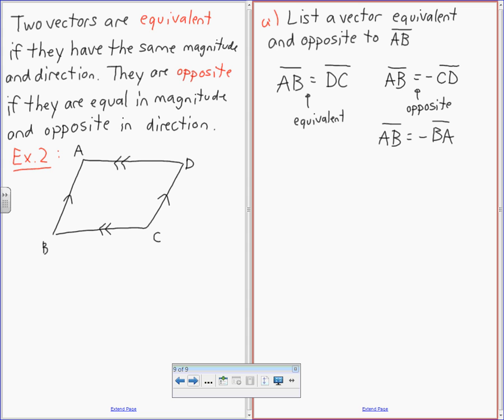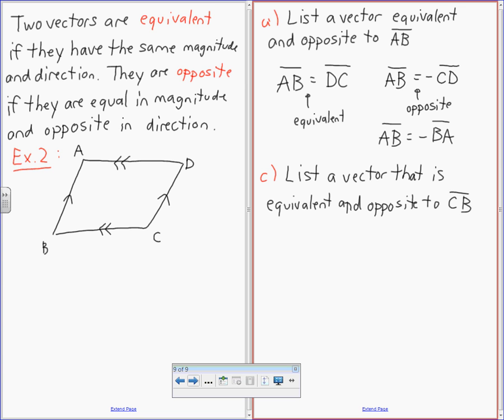Okay. Just for fun, list a vector that is equivalent and opposite to CB. Okay, equivalent and opposite to CB.